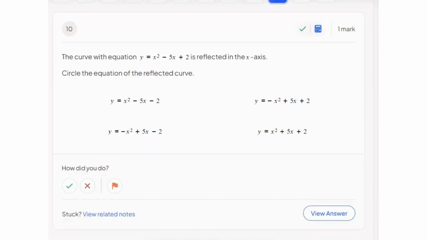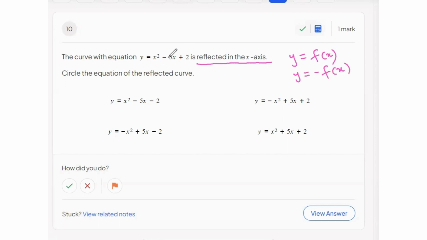That's your graph. Question 10 says the curve with the equation y equals x squared minus 5x plus 2 is reflected in the x-axis. Circle the equation of the reflected curve. If it's reflected in the x-axis, that means we are changing the y values. Their entire function, if it's y equals f of x, is going to become y equals negative f of x.